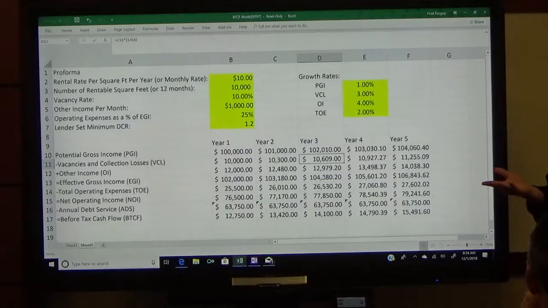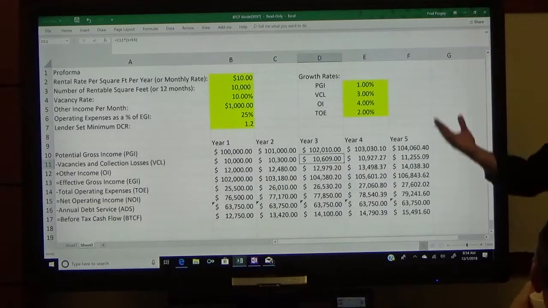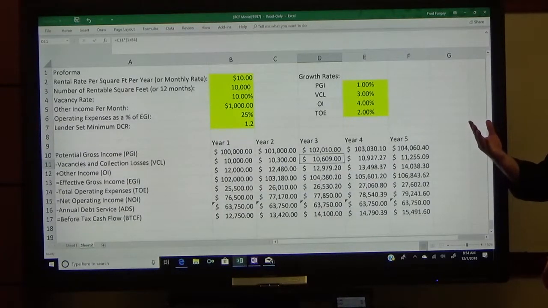So at some point, whenever everything comes online, one has to step back and say, is there really that much demand for all of those units? And if there isn't, then you're going to see a reduction in rental rates to try to make sure that occupancy levels stay at a sustained level.